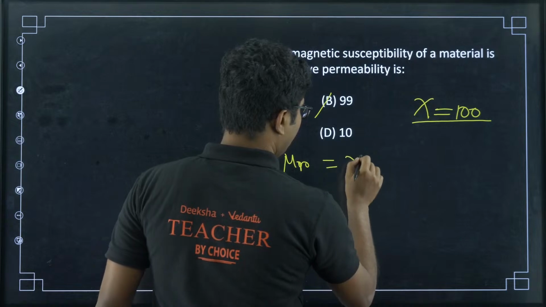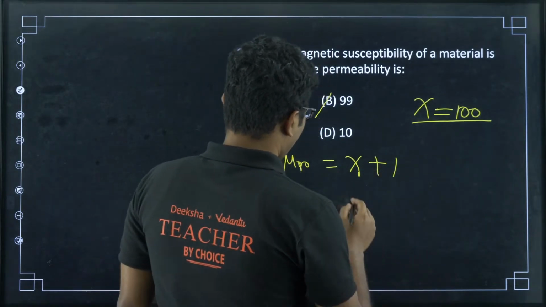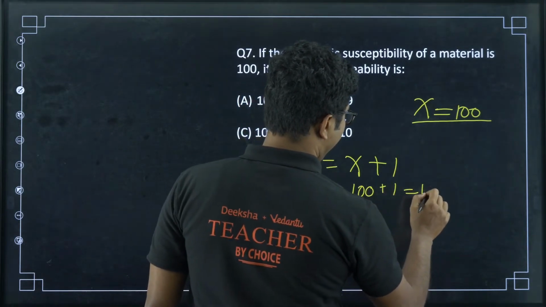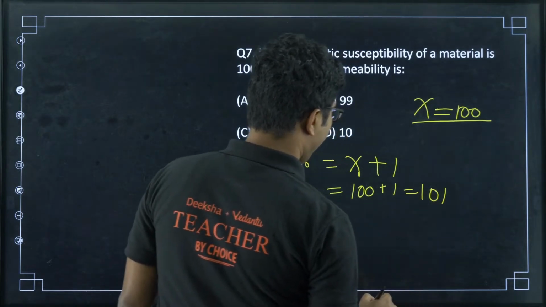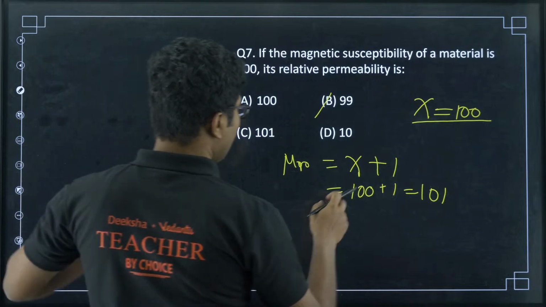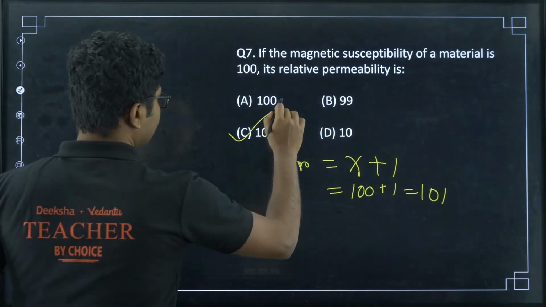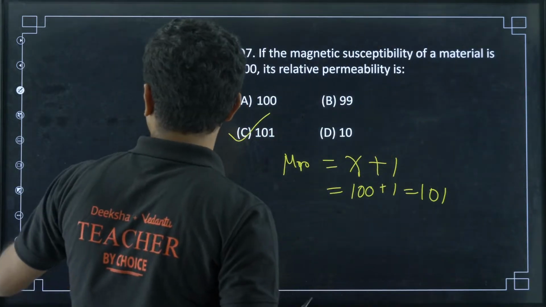Maybe. Yes. Mu is equal to chi plus 1. Yes. So C is the correct answer.